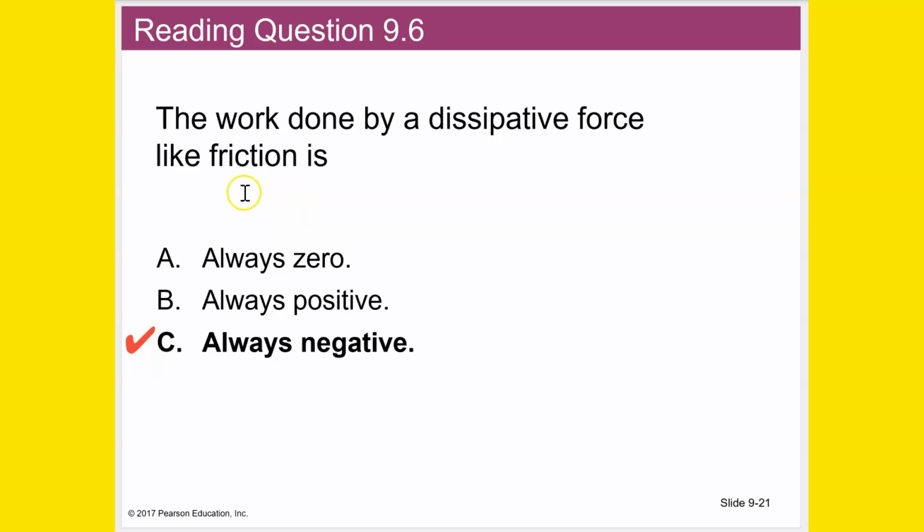It's the interaction between the system and the environment. And that's called a dissipative force. Friction is a dissipative force for a system. It's always negative work.